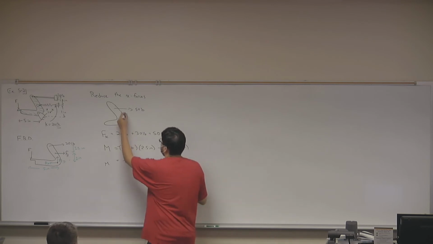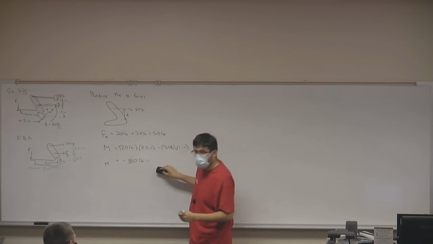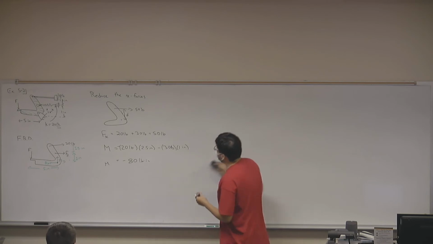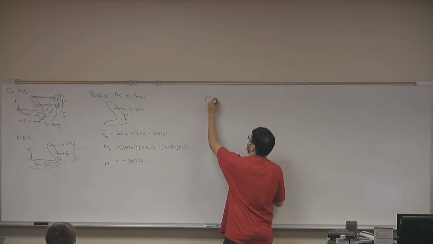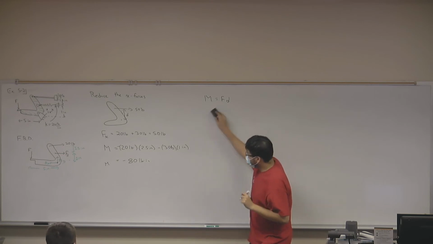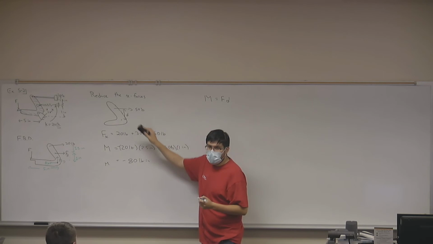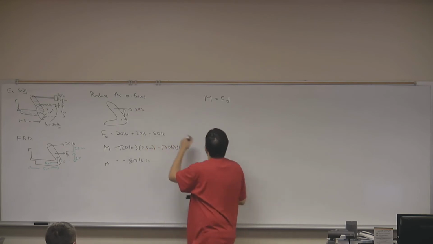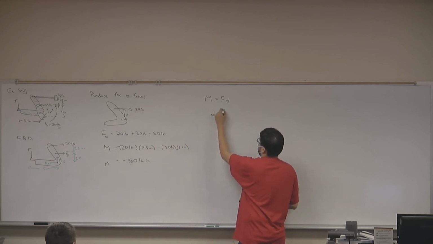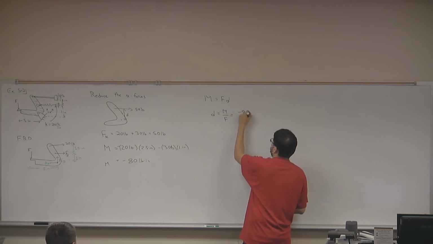And the question is, I'm going to call this D, at what distance D do I have to place the force to cause this moment? Well, we go to our definition of moment. Moment is equal to force times distance. I know the moment that I want. Do I know the magnitude of the force? Yes, 50 pounds. So I solve for distance. Distance is equal to moment over force, negative 80 pounds per inch.